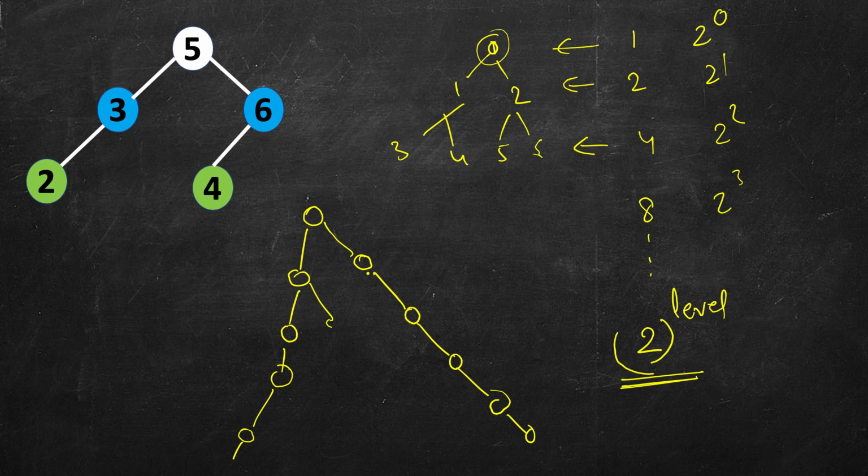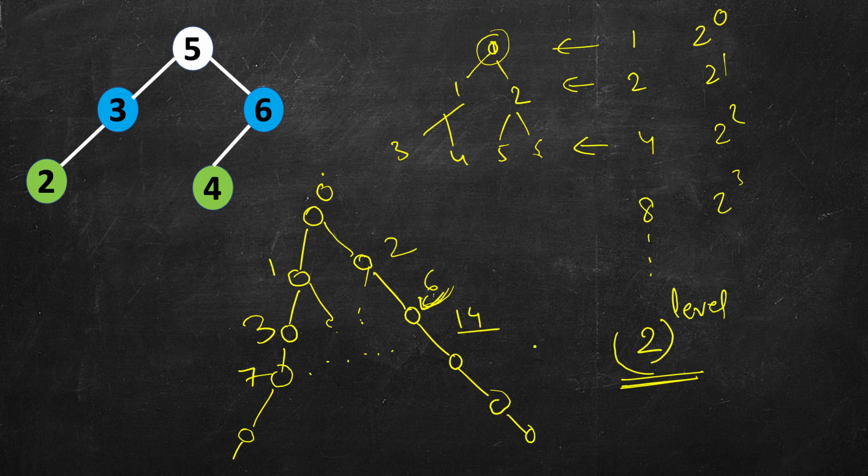So all the intermediate nodes' indices will be consumed even if they are not present. So we'll be assigning the correct indices. So it will be 0, 1, 2, 3, 4, 5, 6, 7, 8, 9, 10, 11, 12, 13, 14. So you see that even if nodes are absent, we are consuming that many indices.